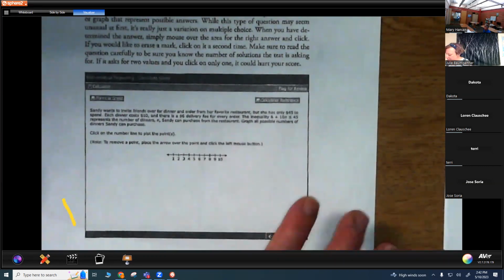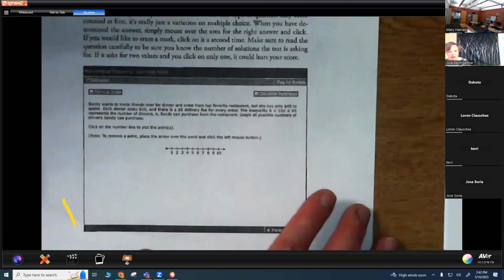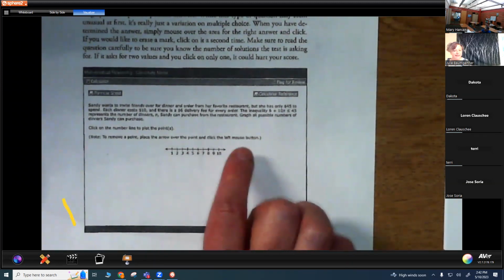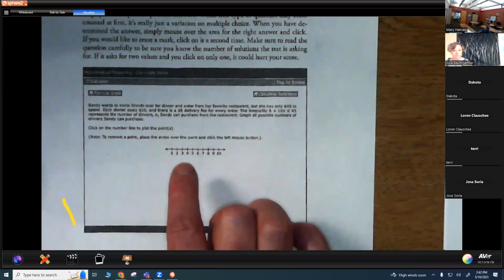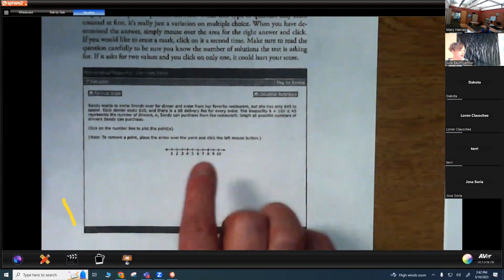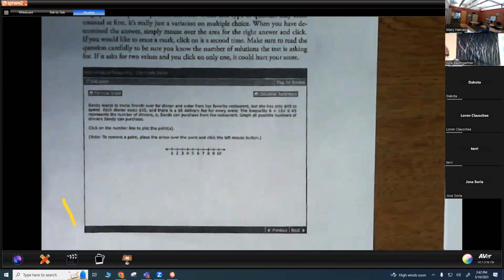All right, another type of question you might see is this hotspot type question where you basically have to click your answer on the number line. The question says Sandy wants to invite friends over for dinner and order from her favorite restaurant, but she has only $45 to spend.